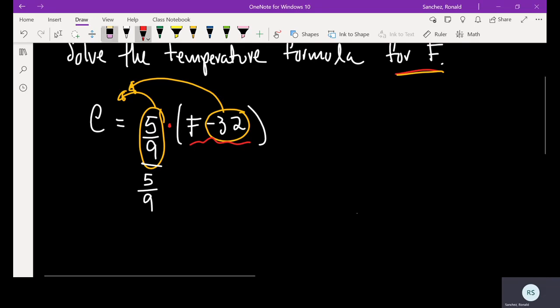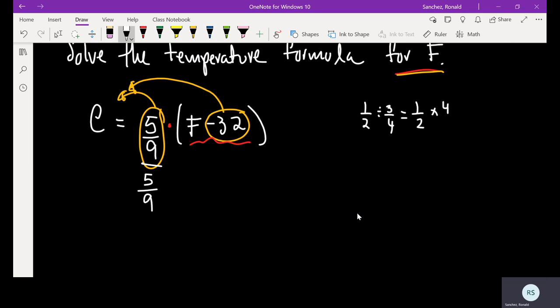Now, one thing that I tell students is, let me take you back to dividing fractions. You learned that if you divide 1/2 by 3/4, I'm going to use an example, what you actually do is multiply by the reciprocal of the second fraction in order to divide, and that will give you 4/6, which is 2/3, right?